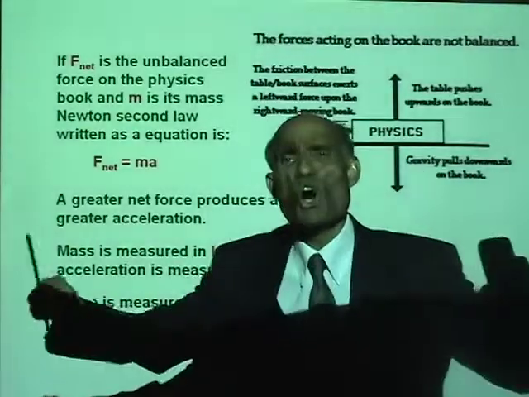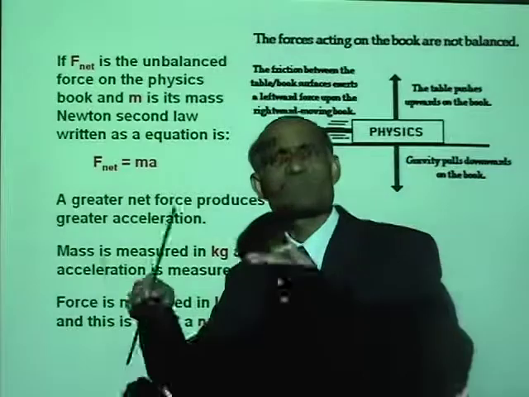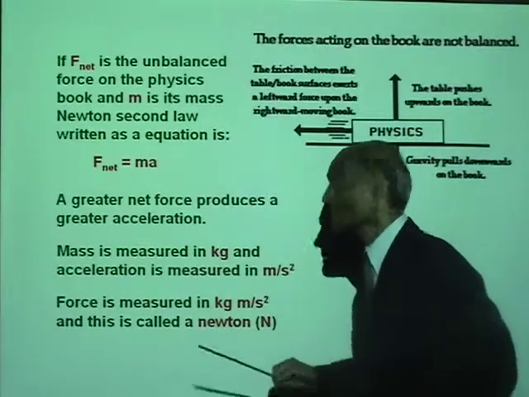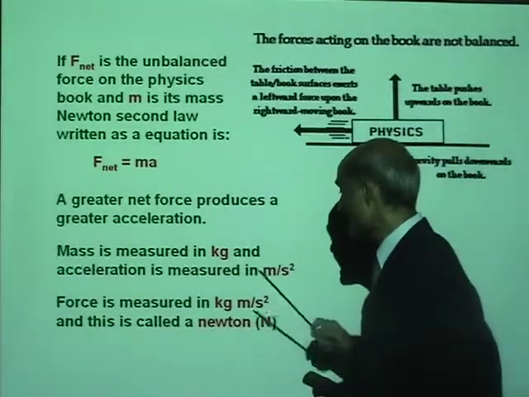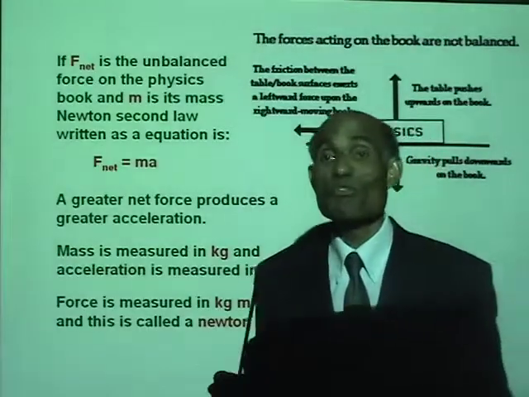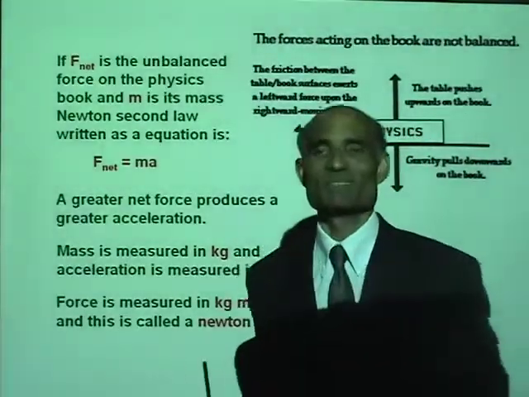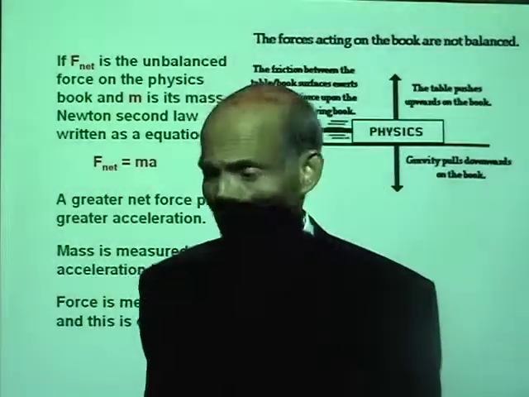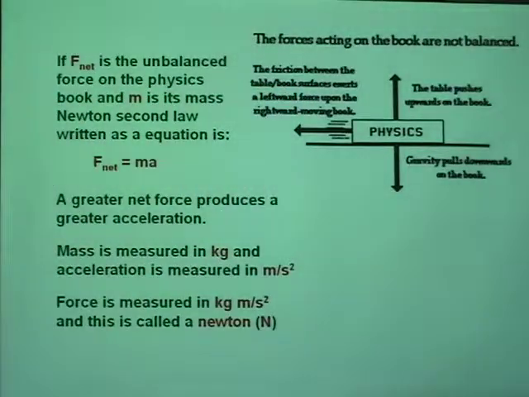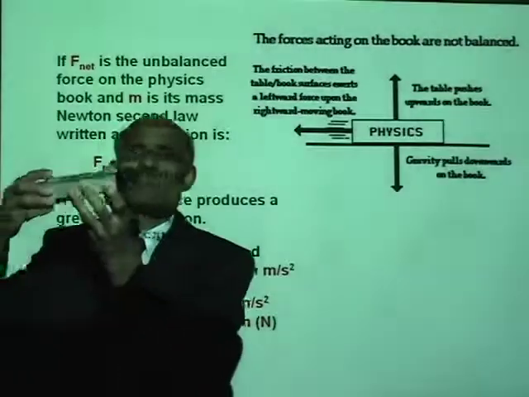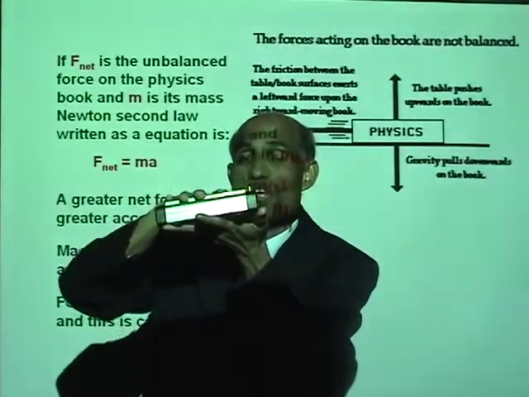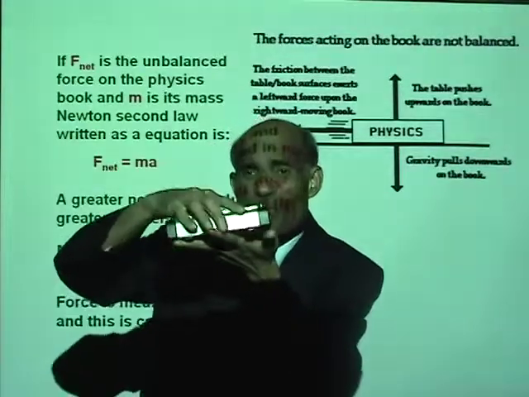And since it is a long quantity like that, kilogram meter per second squared, we're going to give it a name. Its name is the Newton. So we will use the uppercase N to represent that. The unit of force is called the Newton. And the Newton is a kilogram meter per second squared. What does that mean actually? It means suppose I have a car of 1 kilogram, and I want to produce an acceleration of 1 meter per second squared on this car.